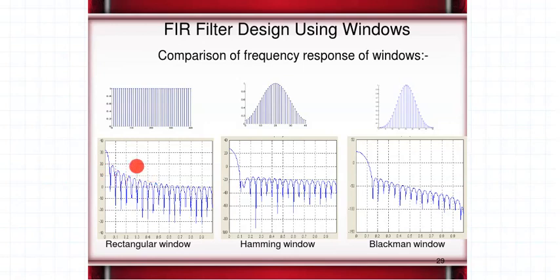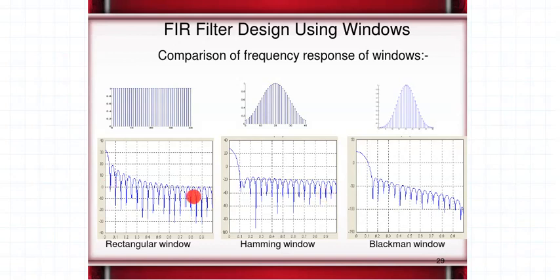So if the side lobes are very prominent, what is the effect on the filter? If your side lobes are very prominent in the frequency response of your window, it results in larger ripples or oscillations in the pass band and stop band.